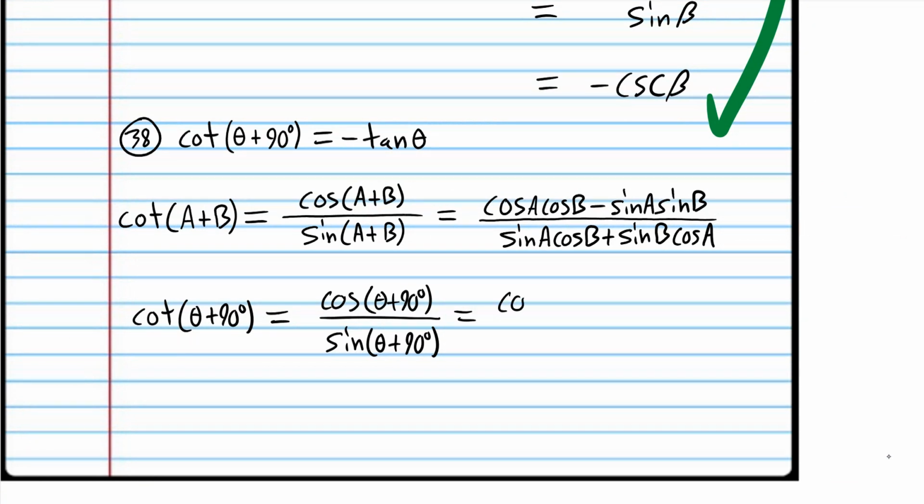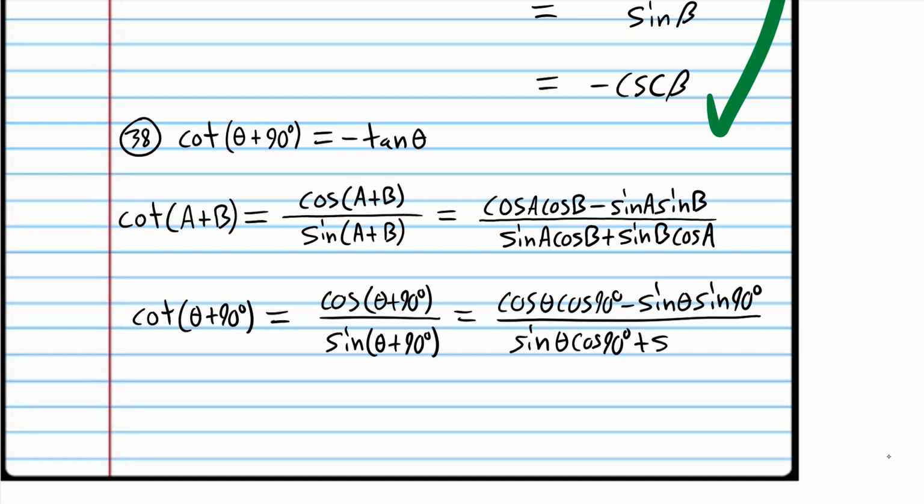So we have cosine theta times cosine 90 minus sine theta times sine 90, all over sine theta times cosine 90 plus sine 90 times cosine theta.